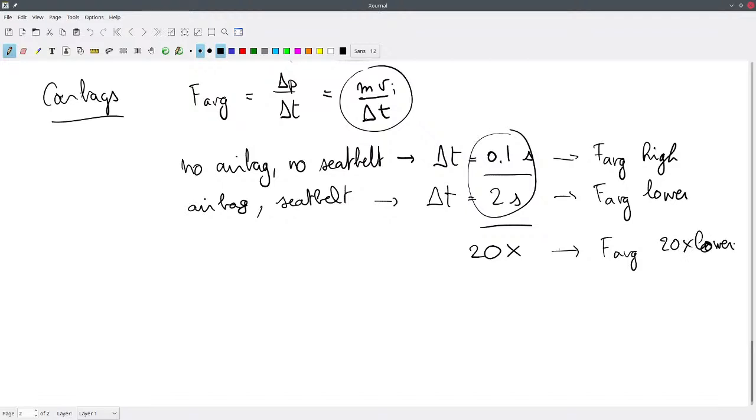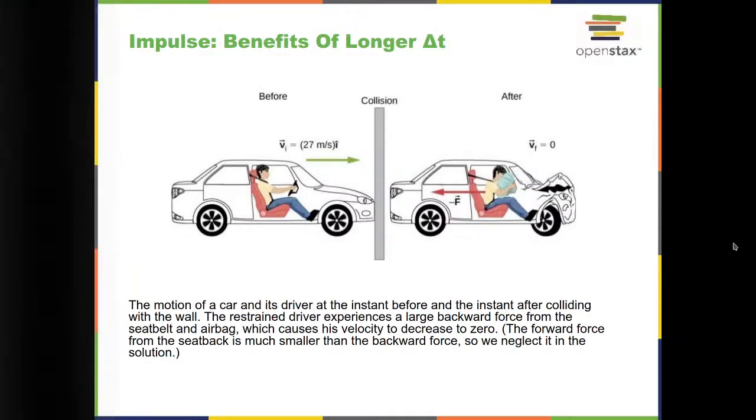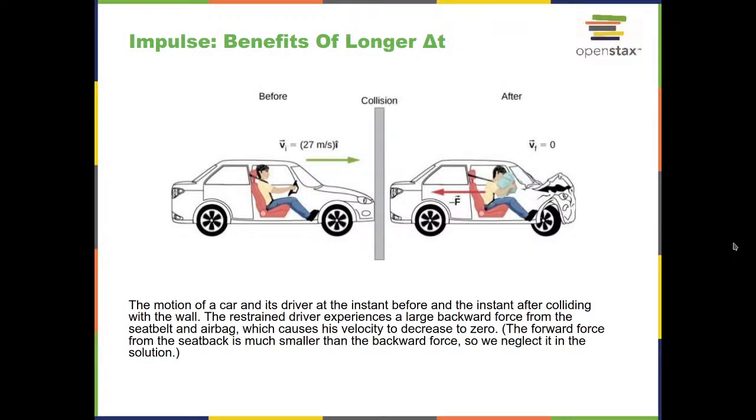So the reason for seat belts and airbags is exactly to spread out the impulse, which you can't get around, over a longer time interval to decrease the average force that you're experiencing during that time interval.